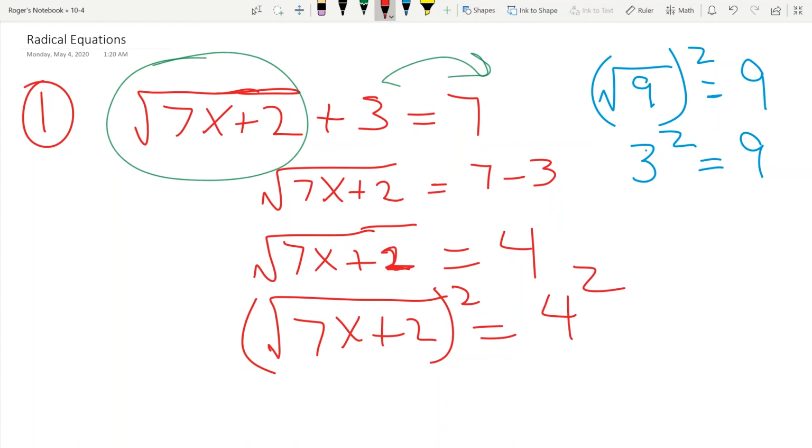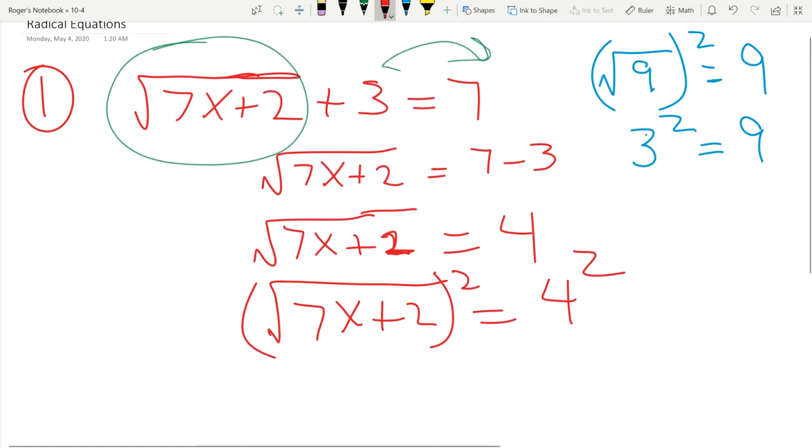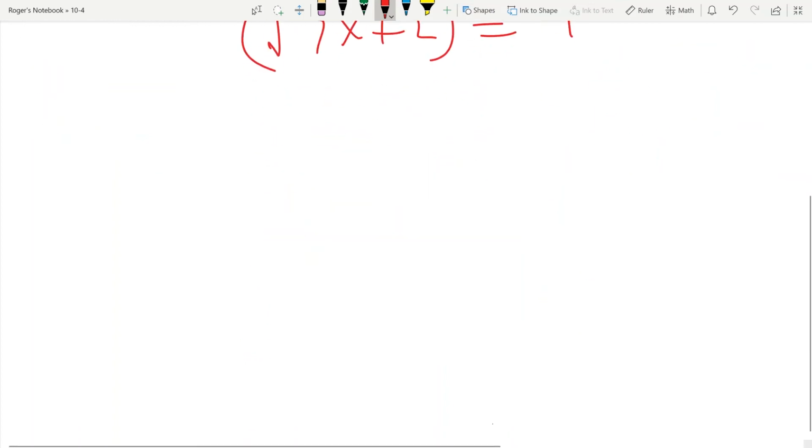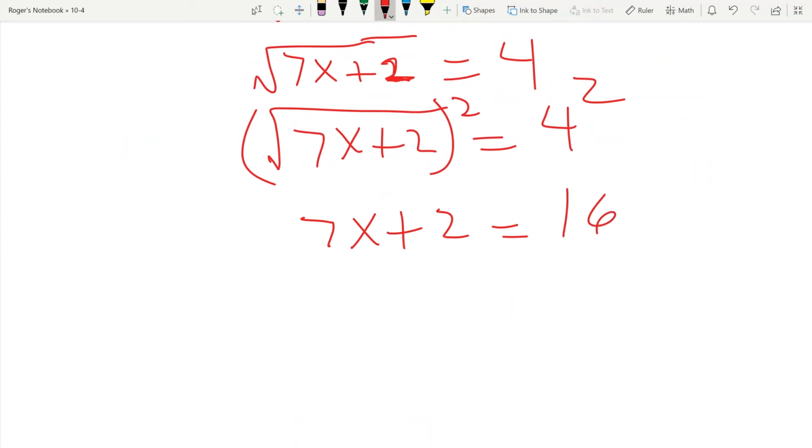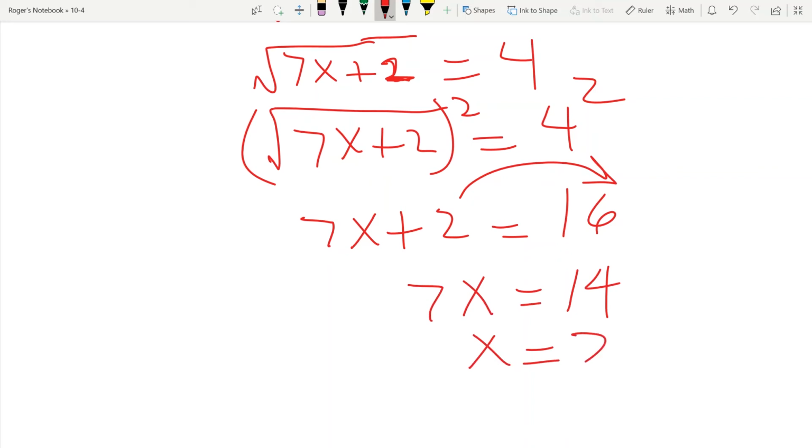And so on the left then, we simply have the radicand. 7x plus 2 is equal to 16. Take the 2 to the other side like this, and we get 7x is equal to 14, or x is equal to 14 divided by 7, which is 2. There you've got your answer.